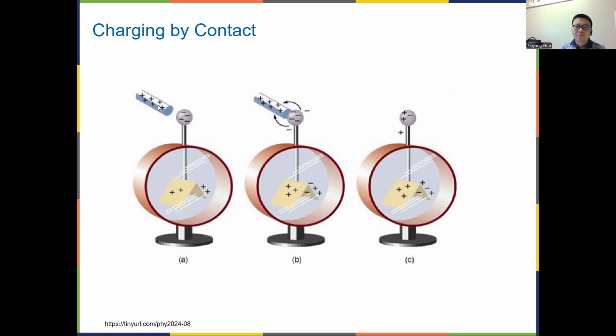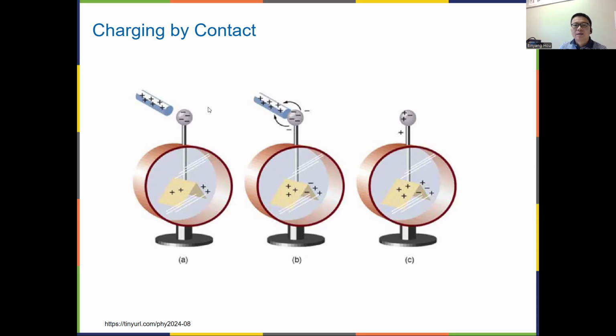When you have this charged rod approaching this one, which is made of metal, so they're conductors, the negative charges will be close to this end, closer to the positive charge right here. The other end then will be positive charge. So the two metal pieces will repel each other, so they make an angle.